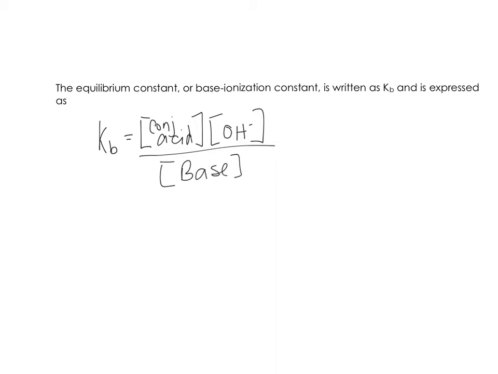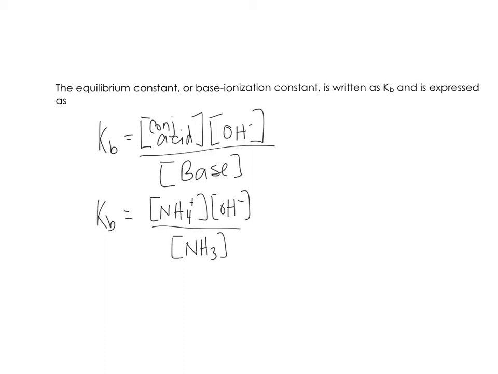So in terms of the ammonia reaction, the Kb would be equal to the ammonium ion times the hydroxide ion all over the base ammonia concentration.